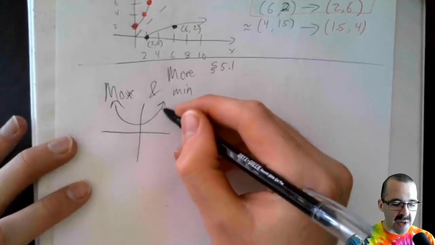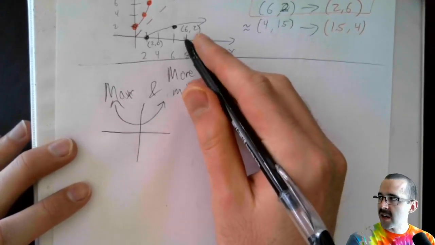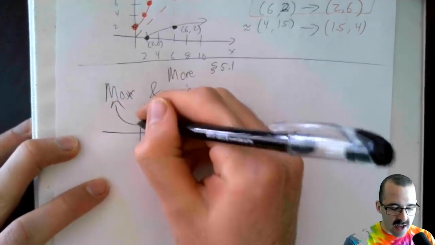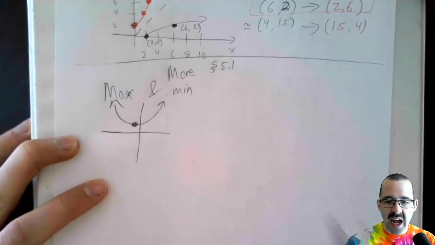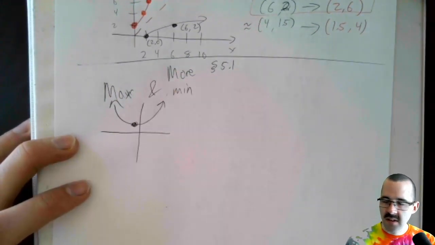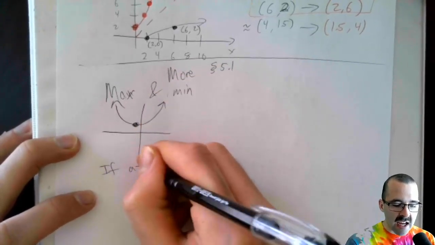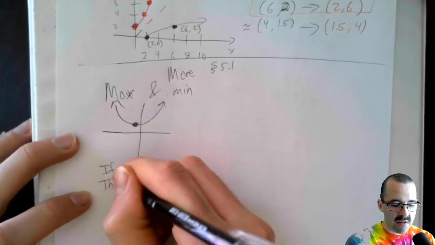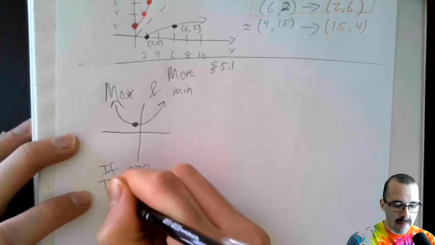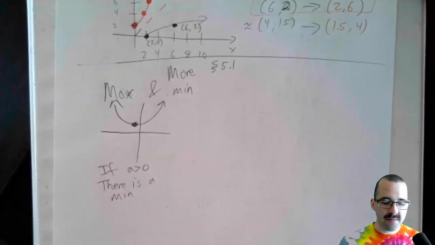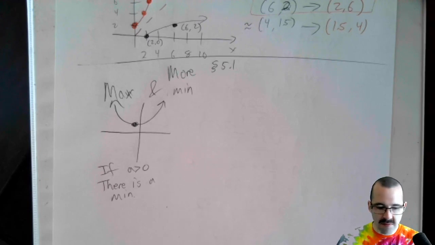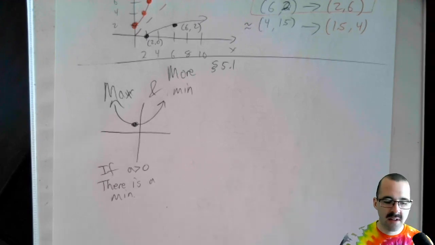This parabola can get bigger and bigger, as big as it wants. But these parabolas do have minimums. Okay? Right? So if a is greater than 0, there is a minimum. So this is our normal parabolas.